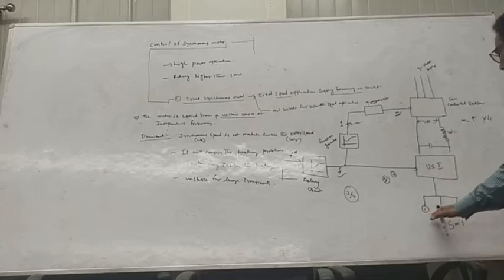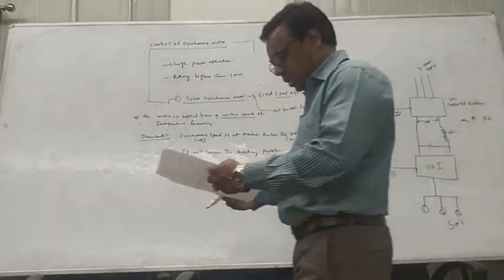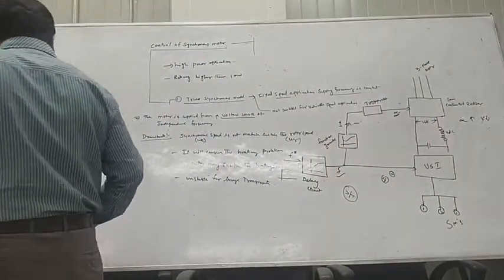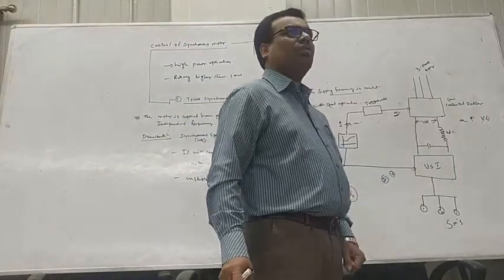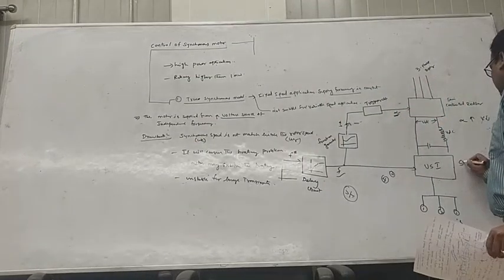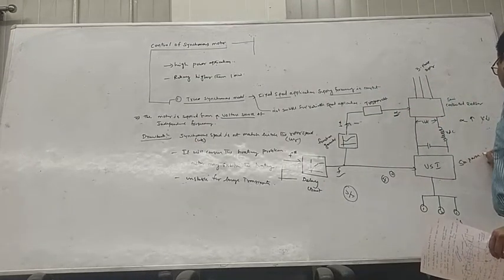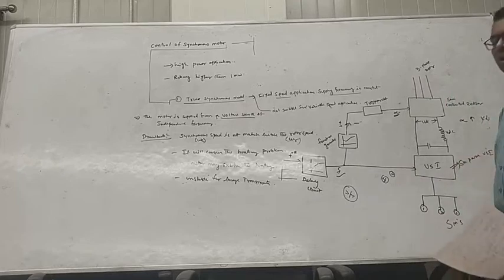It is not only one particular machine, you have to control a number of synchronous motors here. This voltage source inverter is nothing but a sine PWM voltage source inverter.